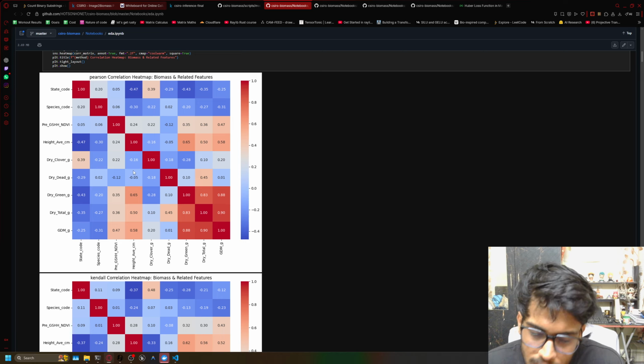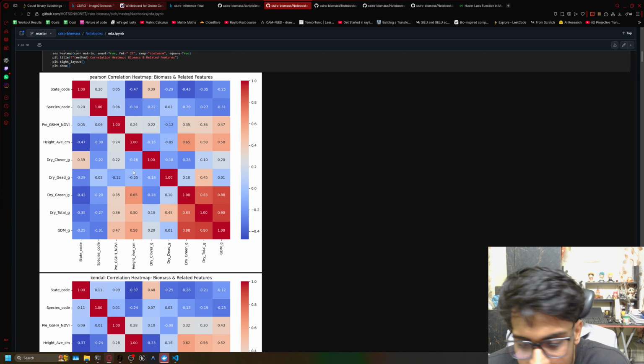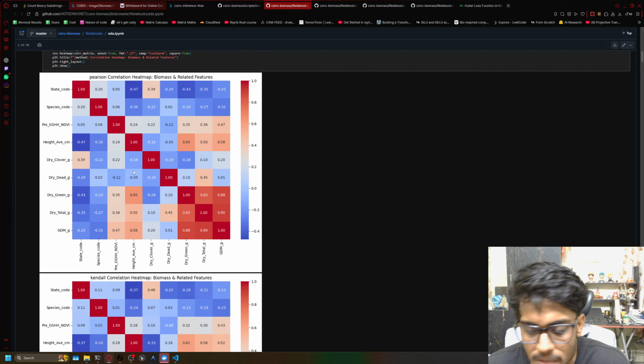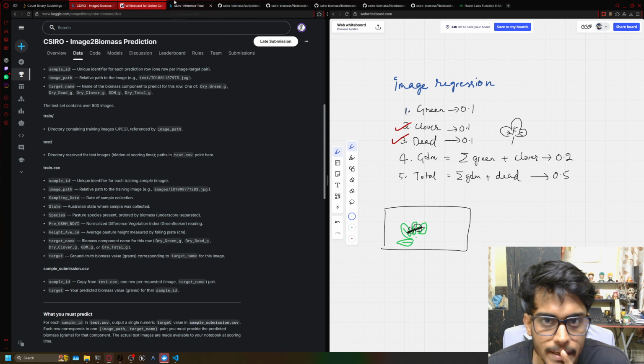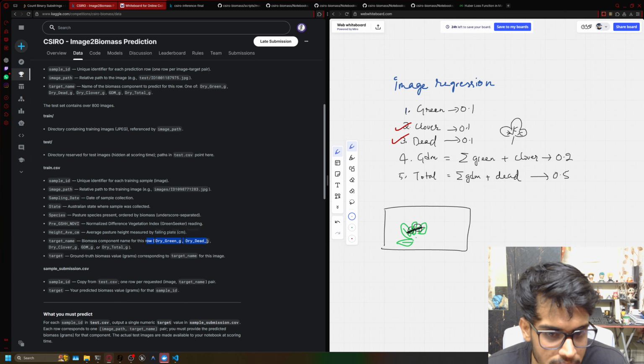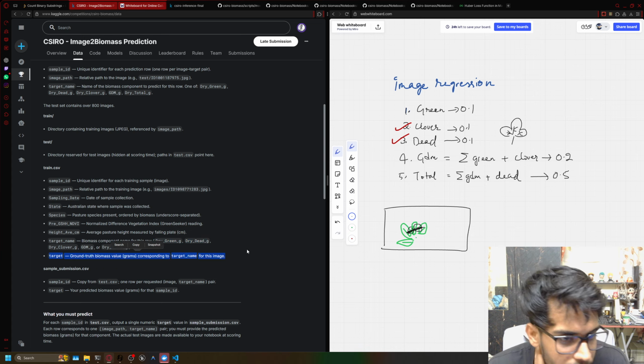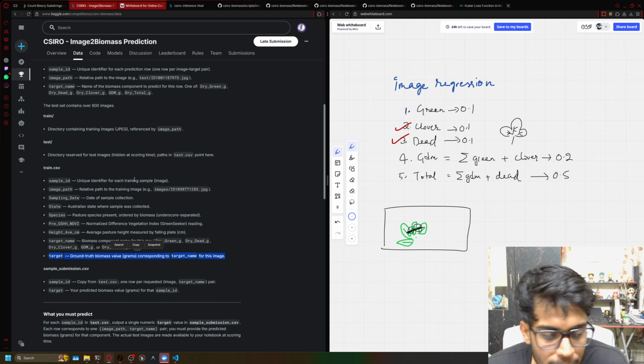So it might be that some other feature takes height, and some product of that was correlating with Dead, but height was not directly correlating with Dead. Other features were target name, which was the labels, and the values of them. So these were the metadata features.